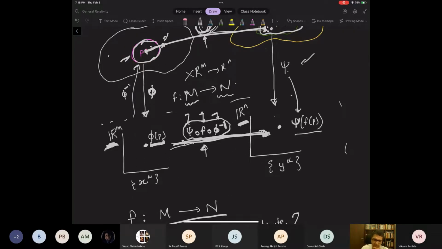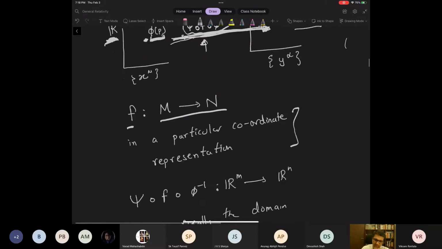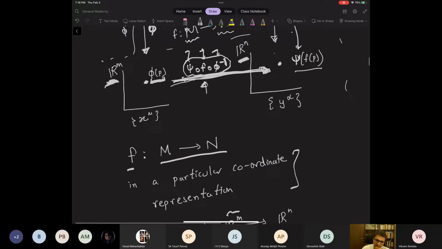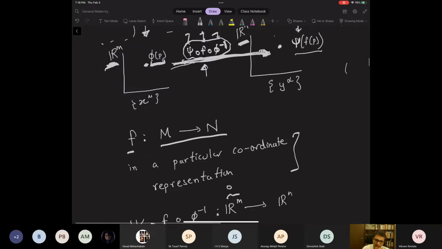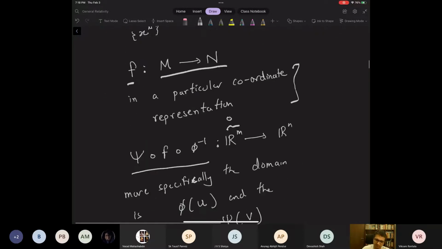Let's say this patch here, U, and this patch here, V. In that particular coordinate patch, the map that I'm taking is from R^m. More specifically, it's not the full R^m, but a subspace of R^m, which is phi of U, where phi takes me from U to points in R^m, an open subset in R^m.